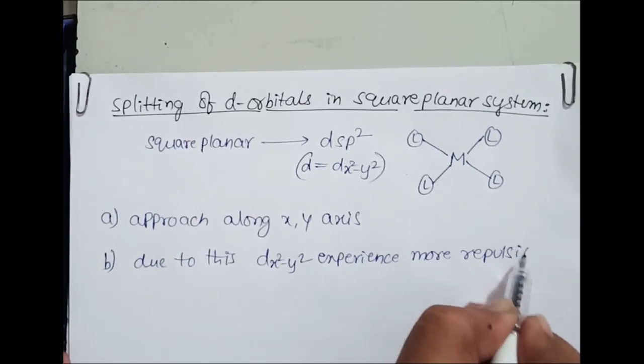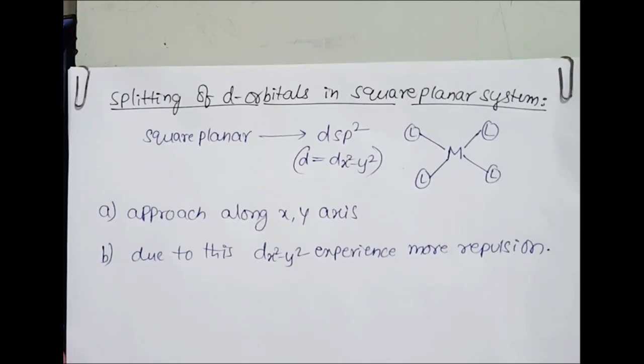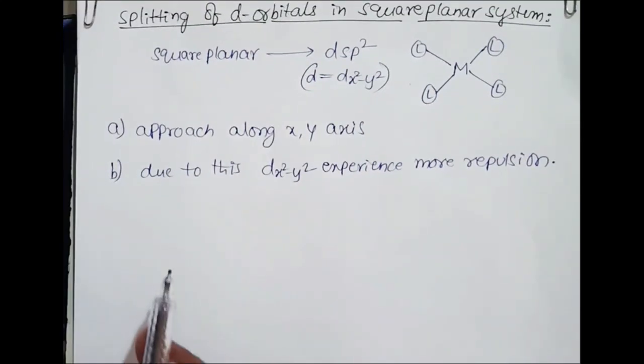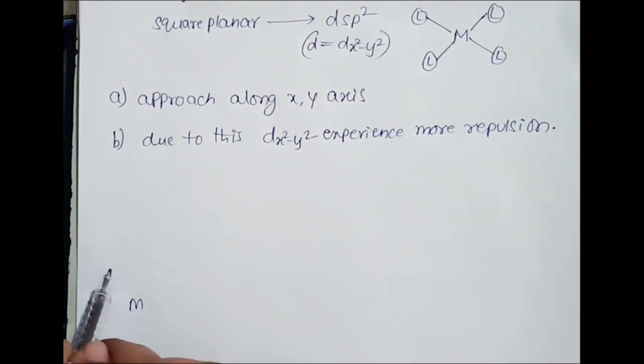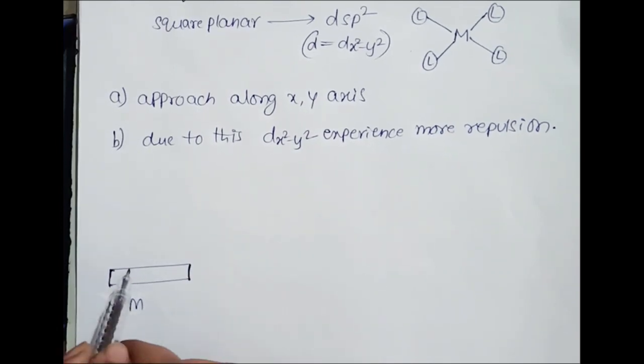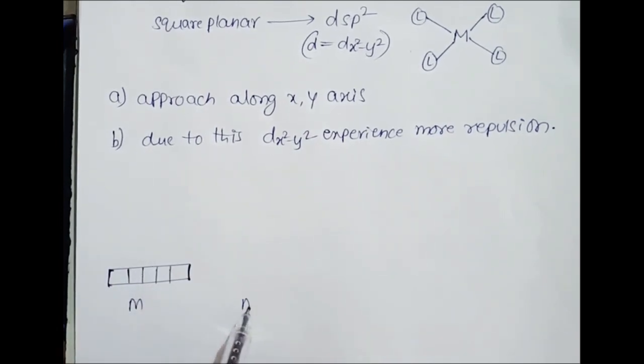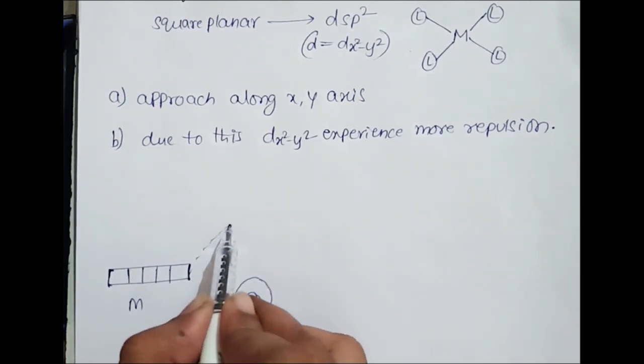Got my point? So that is what you have to understand. If you understand this much, then the splitting will be easy. So I will explain the figures. This is a metal, and all its d orbitals are degenerate, and ligands are approaching in a symmetrical manner. So their energy will be increased.